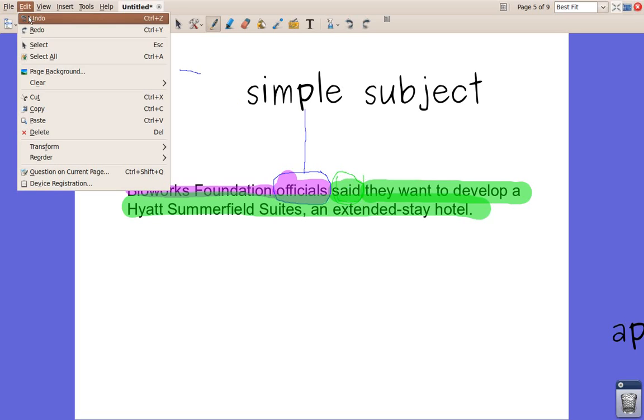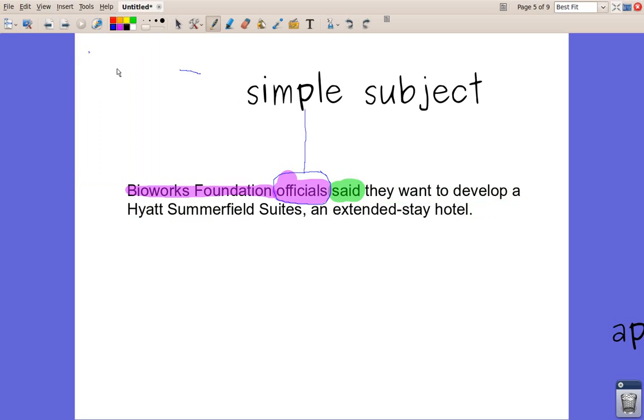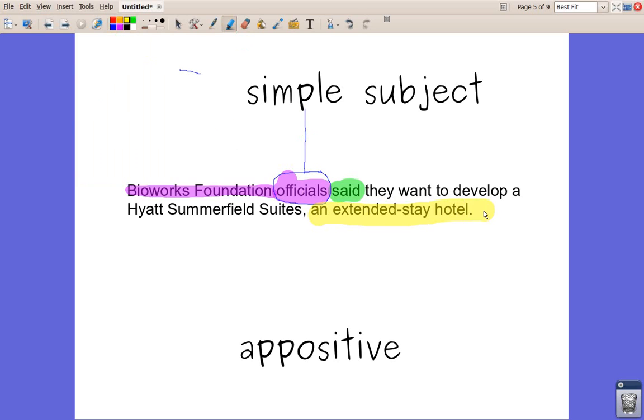Now we have this bit here: BioWorks Foundation officials said they want to develop a Hyatt Summerfield Suites and extended stay hotel. This is just some extra information. But what we have here is an appositive. We could completely remove this part of the sentence, an extended stay hotel, and still have something grammatically correct.